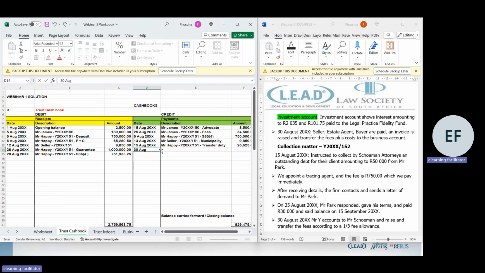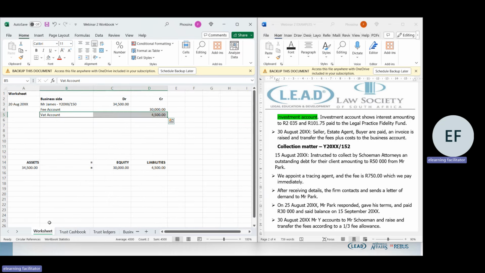Okay, so in us paying the seller, we also have to do a manual journal. There's no movement of cash, but this amount that we have received, the 1.7 million, will eventually have to go to the seller.